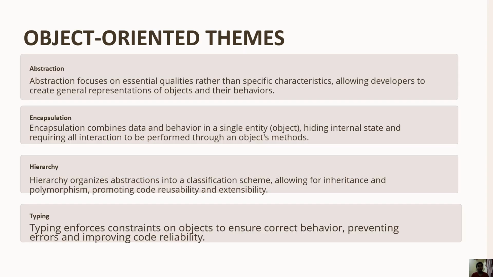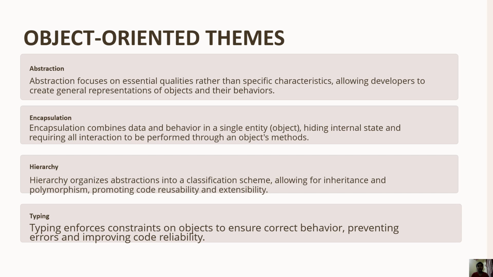Moving forward, there are some of the object-oriented themes: abstraction, encapsulation, hierarchy, and typing. We'll see what these are through their definitions. Abstraction focuses on essential qualities rather than specific characteristics, allowing developers to create general representations of objects and their behavior.